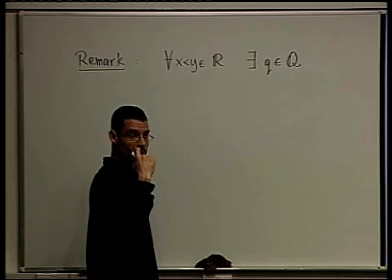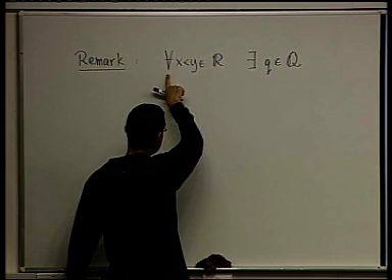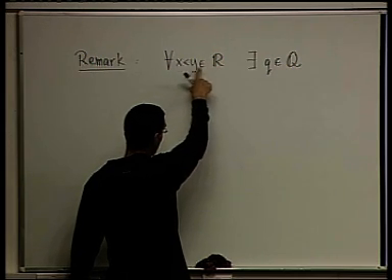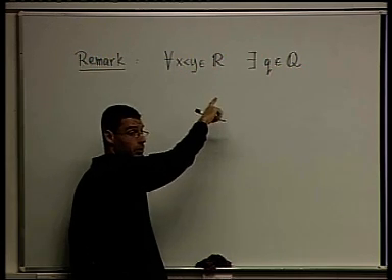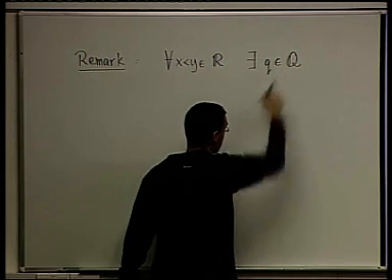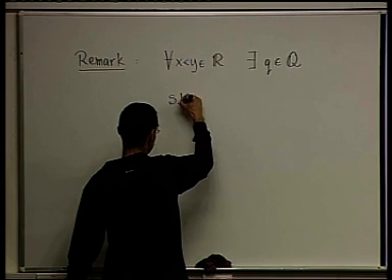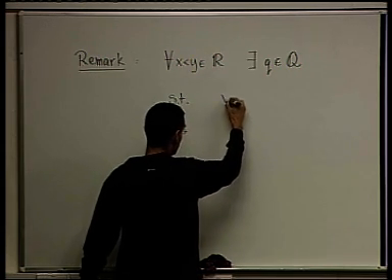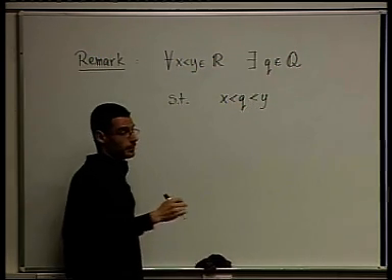It's not that hard. It's just new, right? So let's read it again. For any x less than y belonging to R, so for any two real numbers, there exists a rational number q such that q lies between x and y.